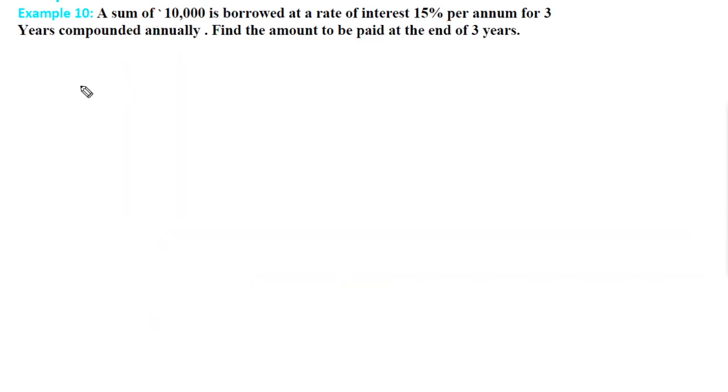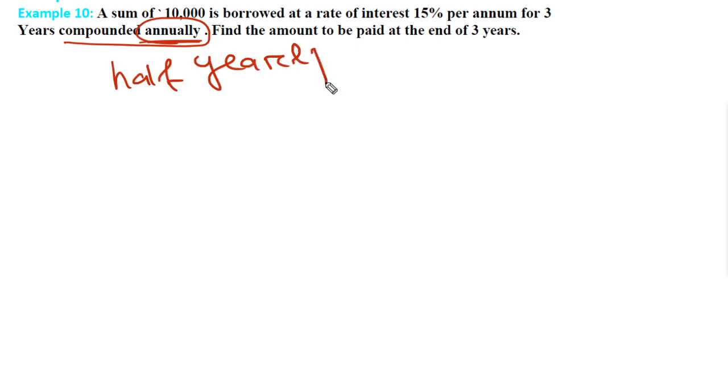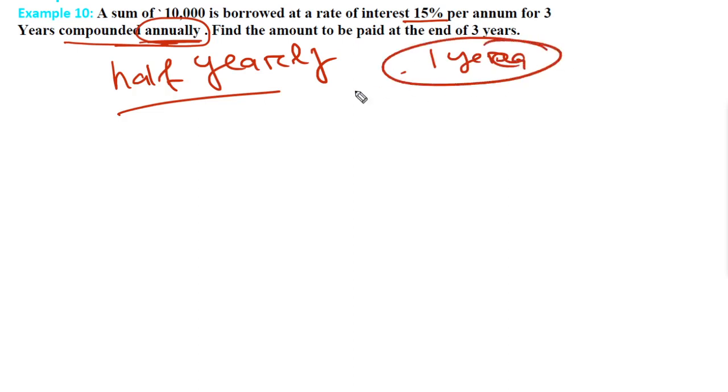Well, some cases arise when the interest compounded is not annually. Here the interest compounded is annually. In some cases it may be half yearly. Well, what do you mean by compounded half yearly? Look, when the interest is paid once in a year it is compounded annually, but when the interest is charged twice, half yearly, we divide 1 year into half.